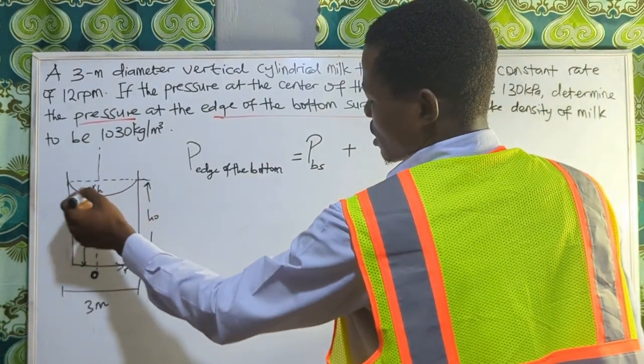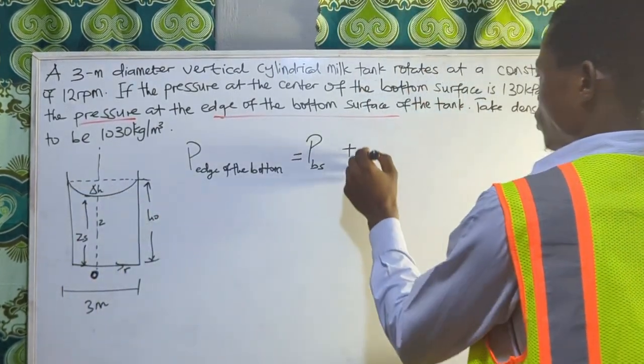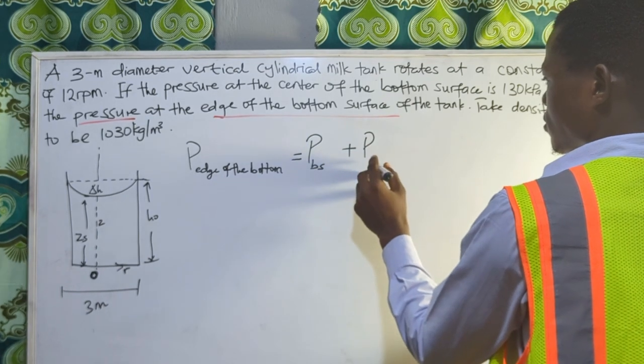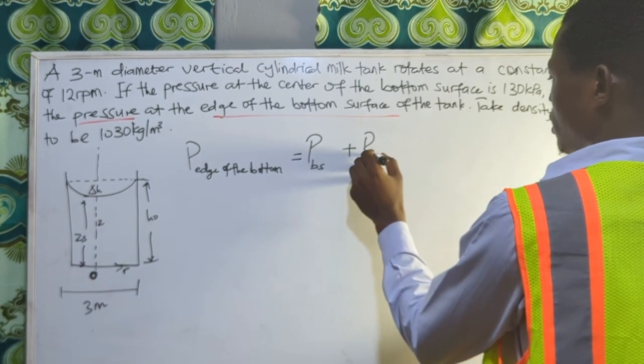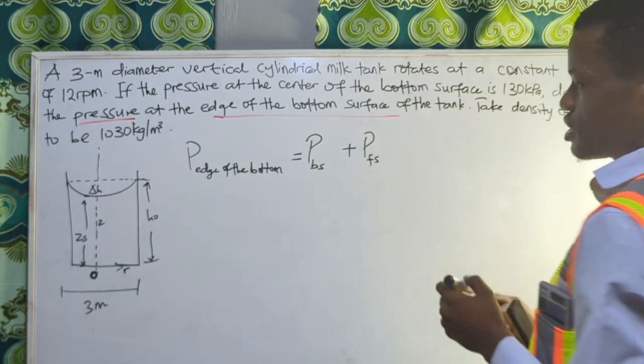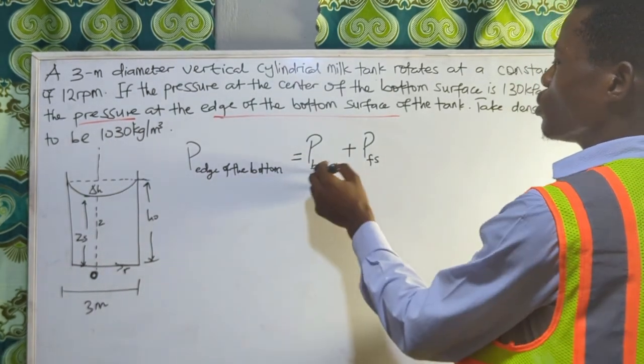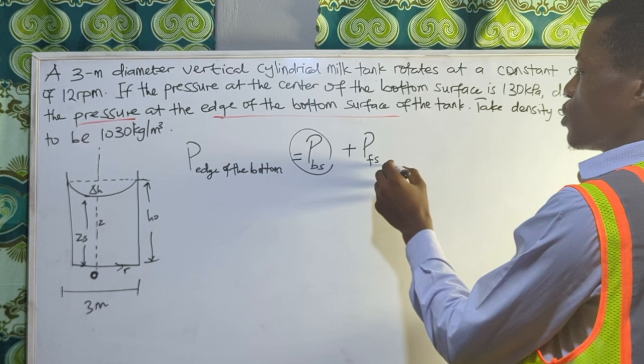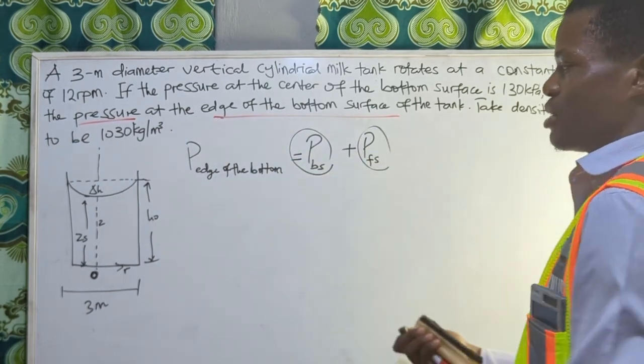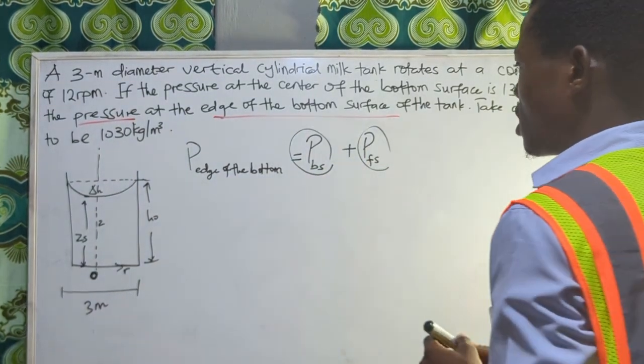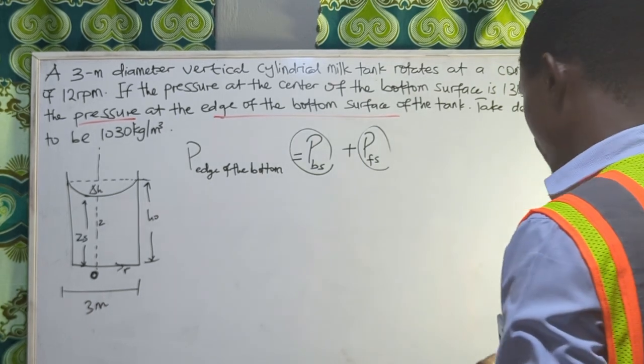There will be some pressure exerted here, so that's going to be P, let's name it FS, the free surface. We know this, but we are left with this, so we'll just add them and find the pressure at the edge of the bottom surface.